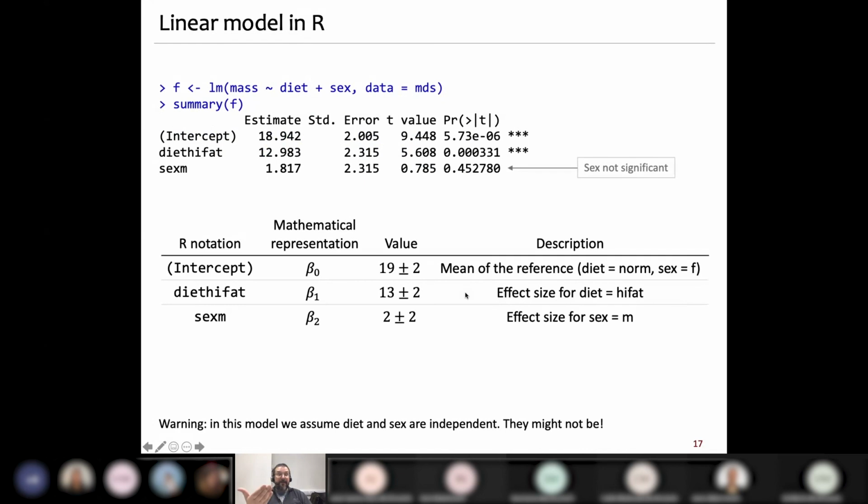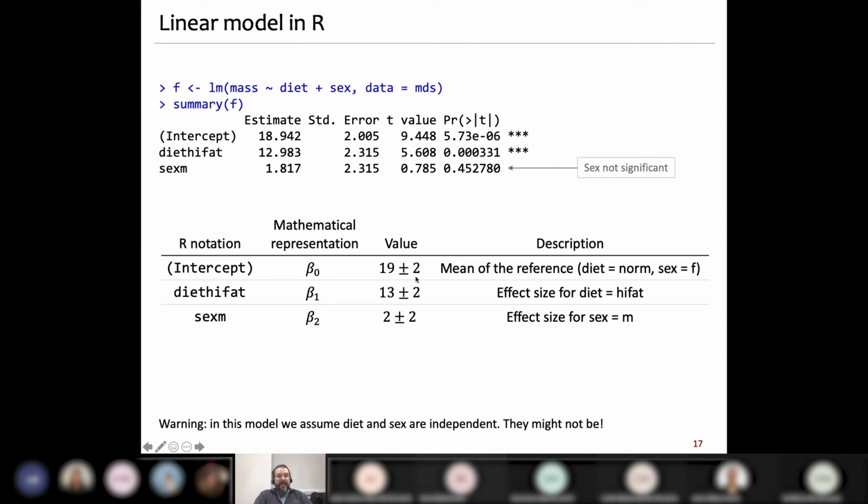Then we can use our function lm using the formula mass versus diet plus sex. This is our linear model formula. And when you type summary of f, R will print a simple table containing results. The table below shows the explanation of this table printed by R. The first coefficient is the intercept, beta naught.